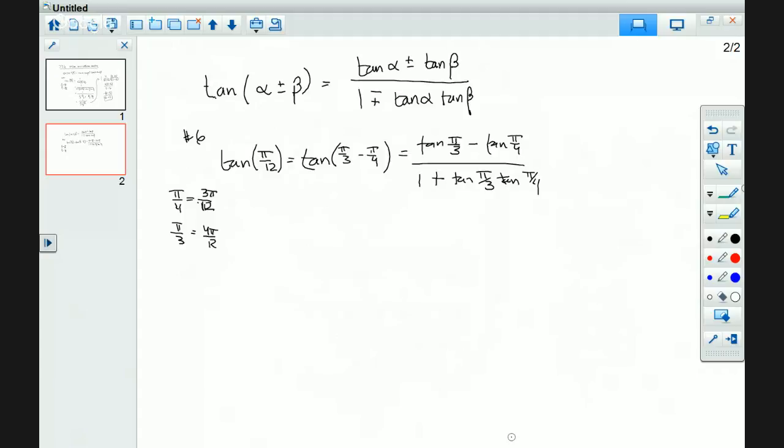Okay, quiz time. Woo-hoo! Kea, do you know what the tangent of pi over 3 is? No? Okay. What are the coordinates at pi over 3? You remember tangent is sine over cosine, right?